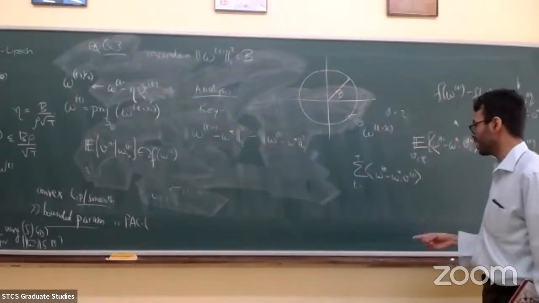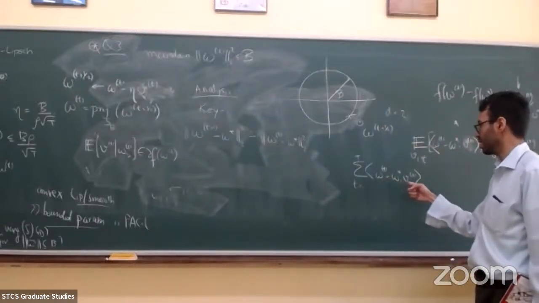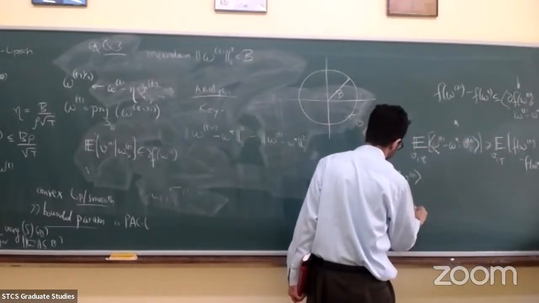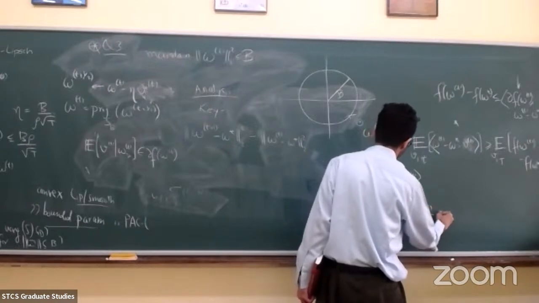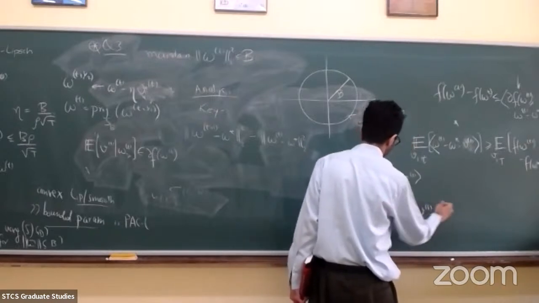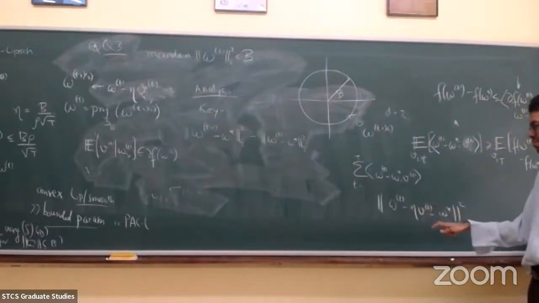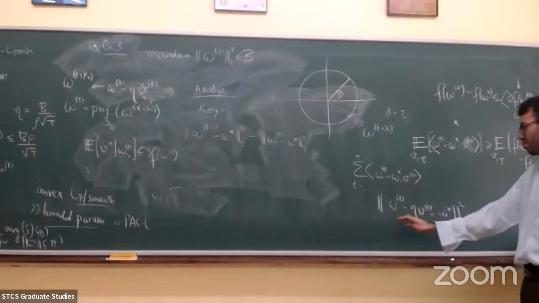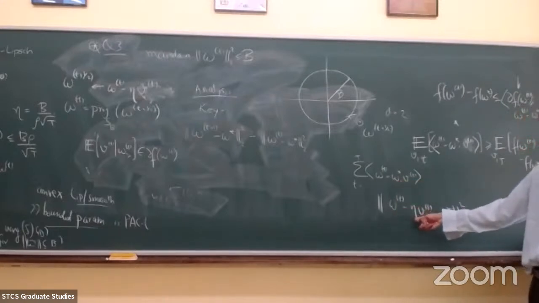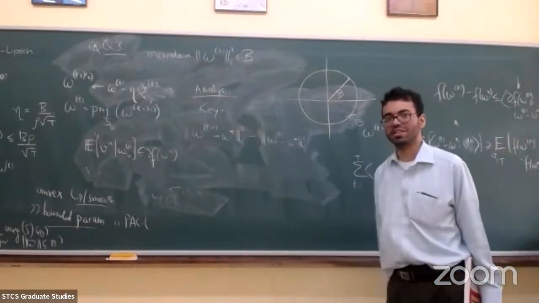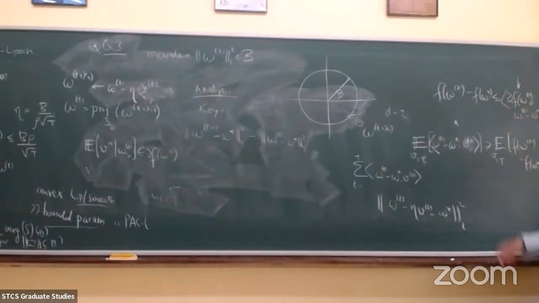Because I looked at the square of WT minus theta AT minus W star. So basically, if I square this up, I will get a term like this. I'll just combine this with this and take an inner product with this thing, and I get a term like this. And this thing here was our WT plus 1. So that's why we got this.